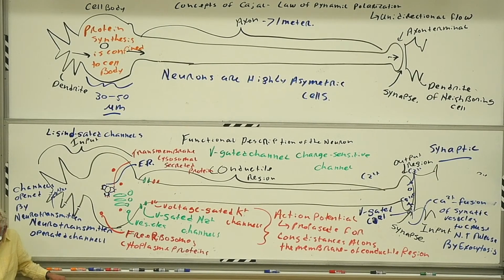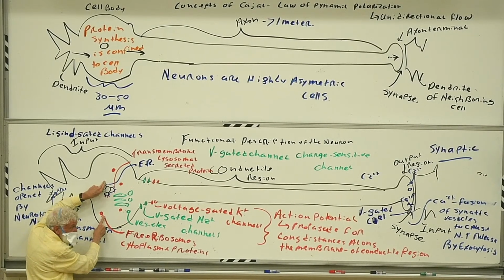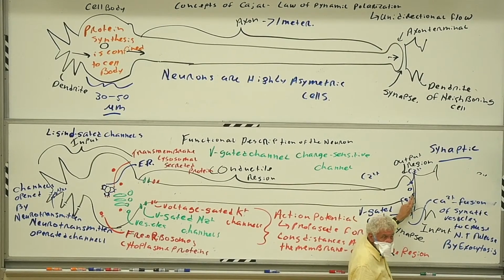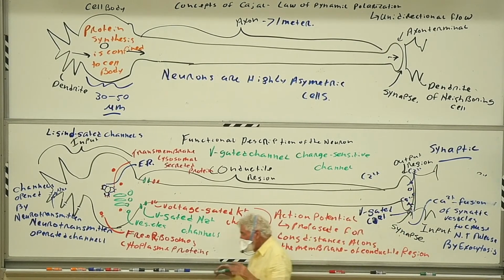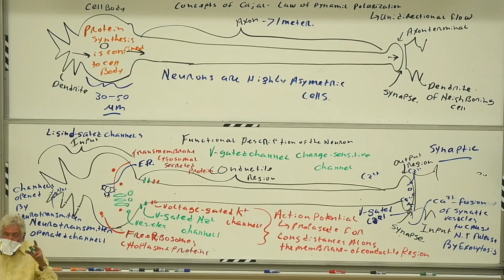But we have a real problem in this cell in that the site where we're making the proteins may be a meter away from where we need them. And so that brings up this question of transport. And now when we think about transport, and it's something that's sometimes hard to get your head around, we're talking about cytoplasm.